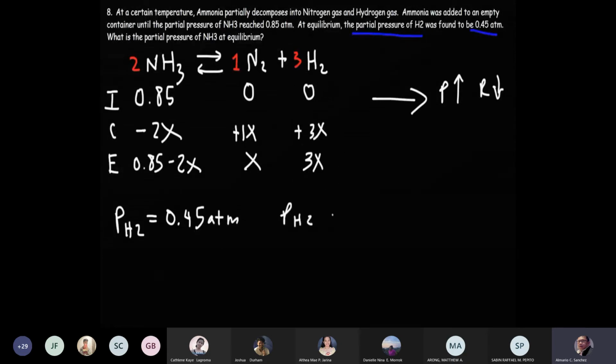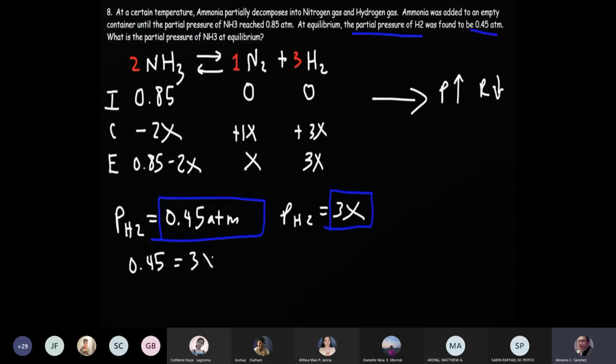Therefore, we could set 0.45 atm equal to 3x. And that will help us to solve for x. So let's divide both sides by 3. So x is going to be 0.45 divided by 3, which is 0.15. So that's the value of x.